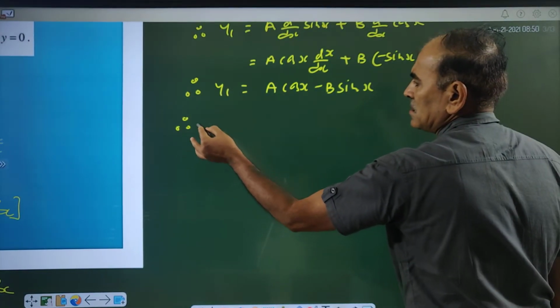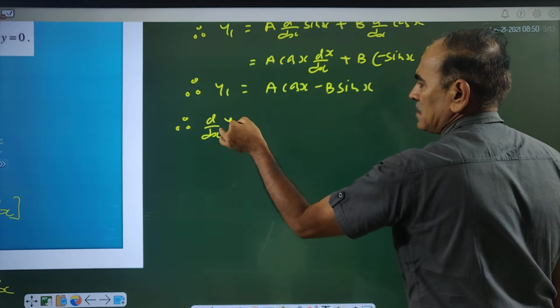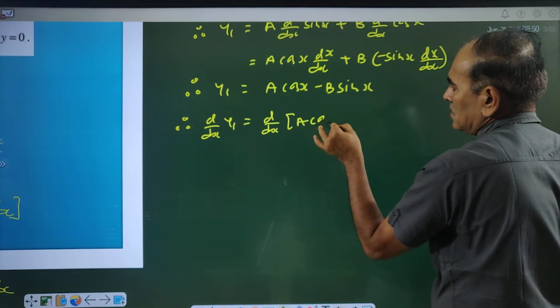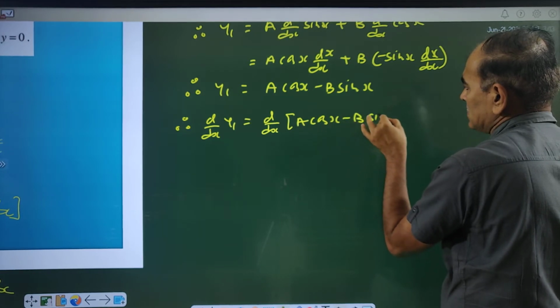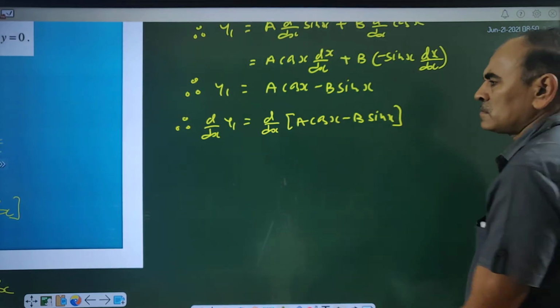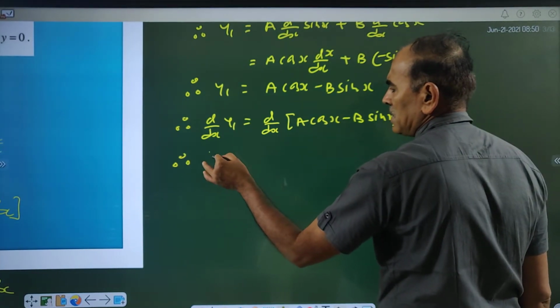Once again differentiate it. d by dx of y1 is equal to d by dx of a cos x minus b sin x. But the derivative of y1 is y2 or y double dash or d2y by dx square.